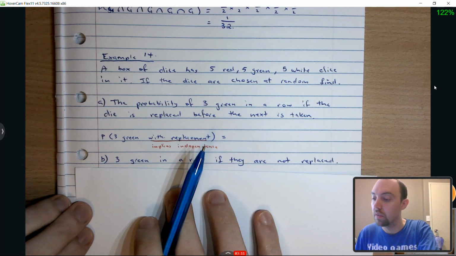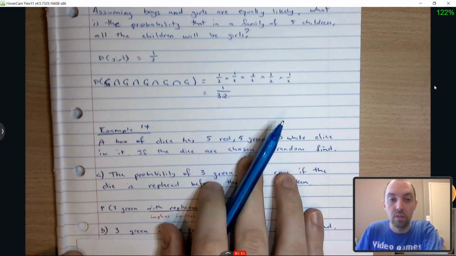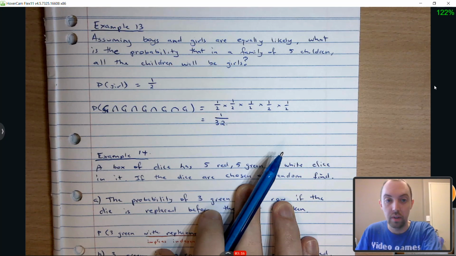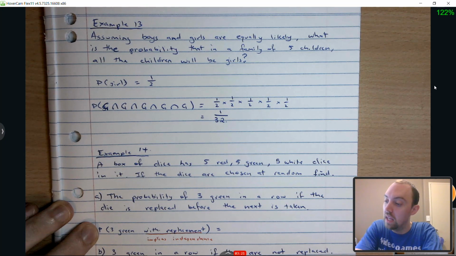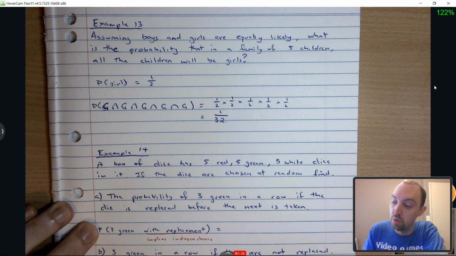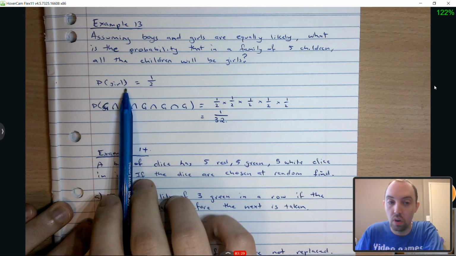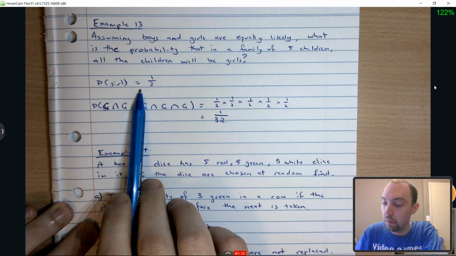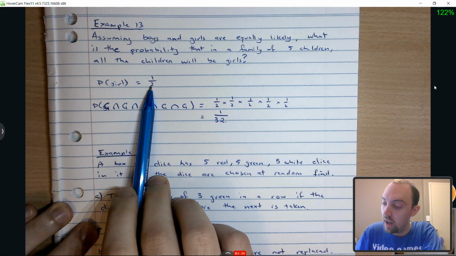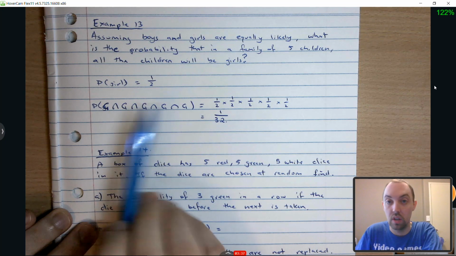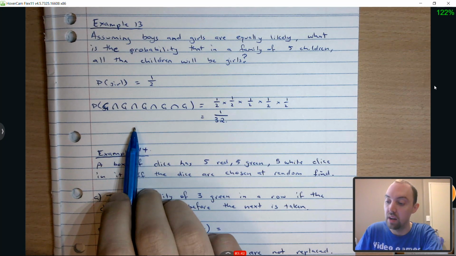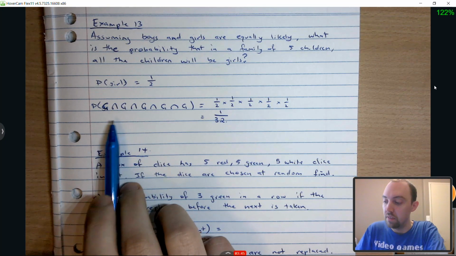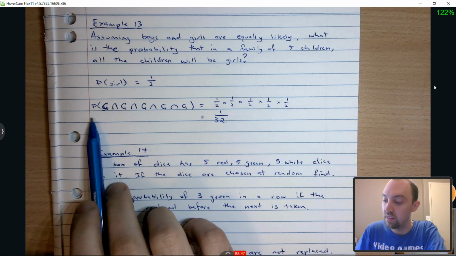So let's go to the top of the page rather than somewhere in the middle. Example 13. Assuming boys and girls are equally likely, what is the probability that in a family of 5 children, all of the children will be girls? Boys and girls are equally likely, so the probability of having a girl is a half, and the probability of boys and girls don't impact one another, usually speaking, or on a global scale. It might work differently for different families, but it's neither here nor there for our purposes.